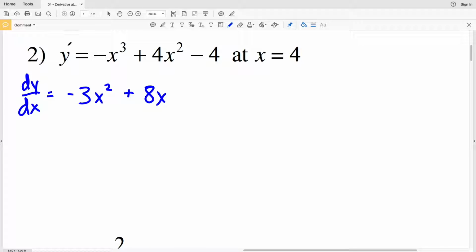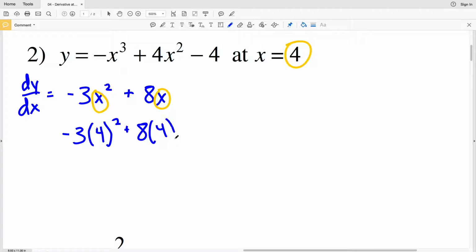Now that we have the derivative of our function y with respect to x, we're going to plug in that value of 4 for x. So we'll have negative 3 times 4 squared plus 8 times 4. Negative 3 times 4 squared is times 16, plus 8 times 4 is 32.